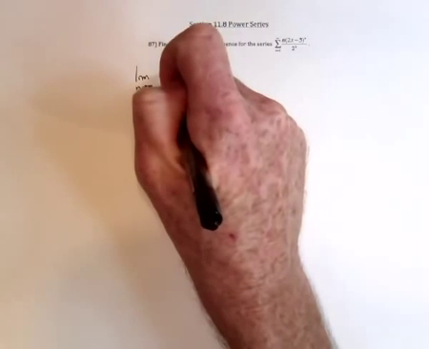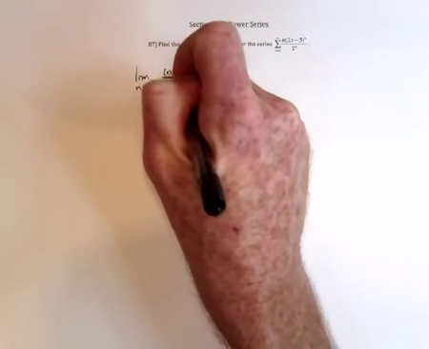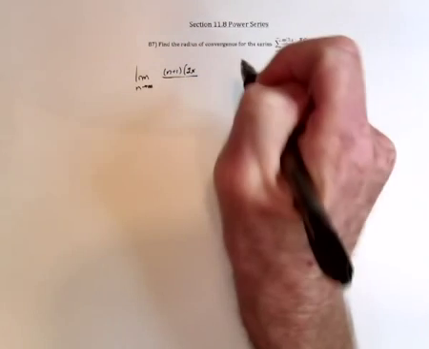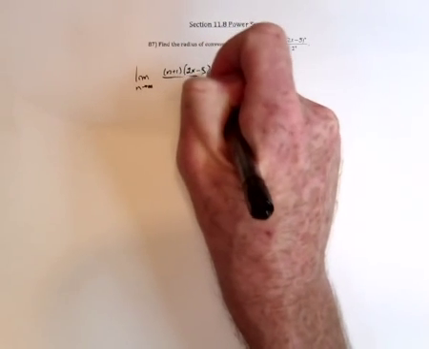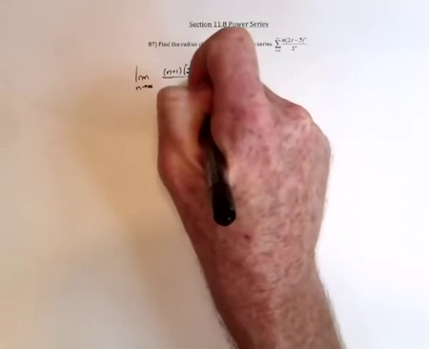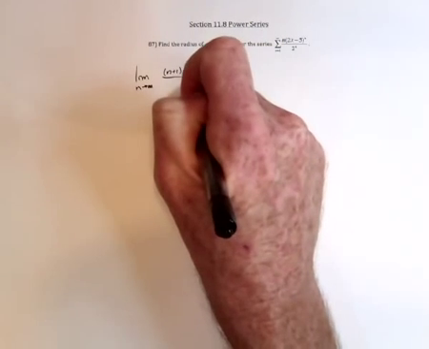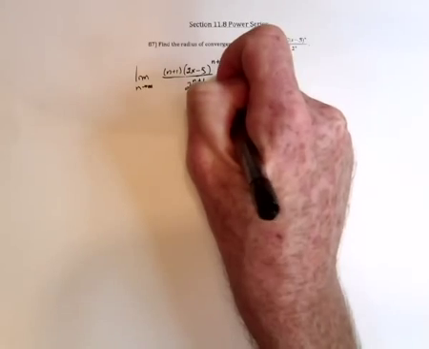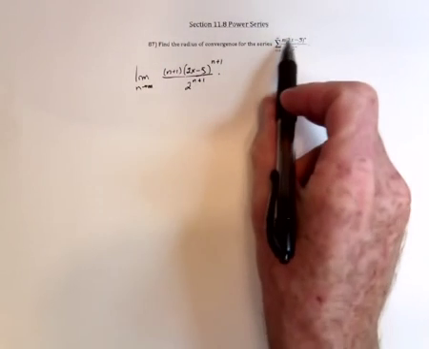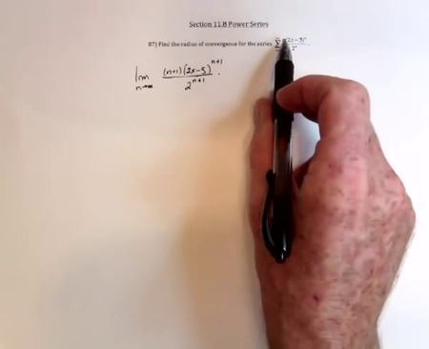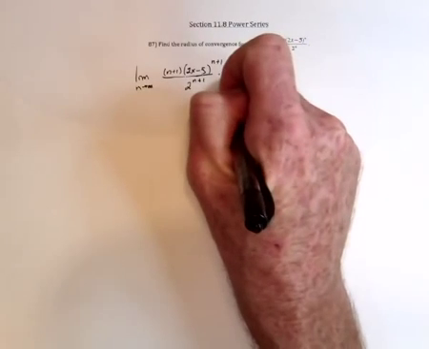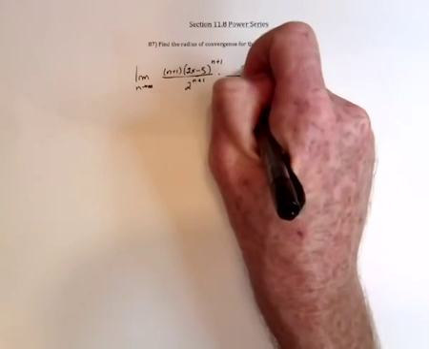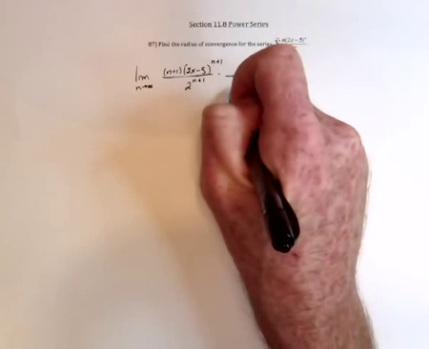So first we'd have n plus 1. There's 2x minus 5 to the n plus 1. The whole thing is divided by 2 to the n plus 1. And then divide by the fraction that just has n in it.